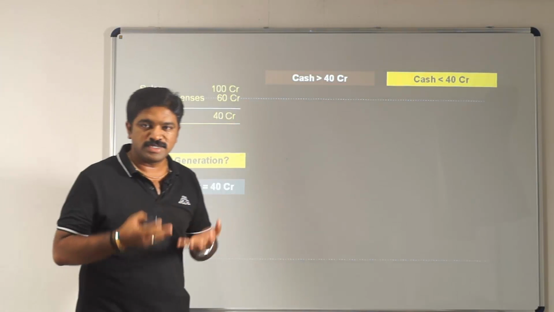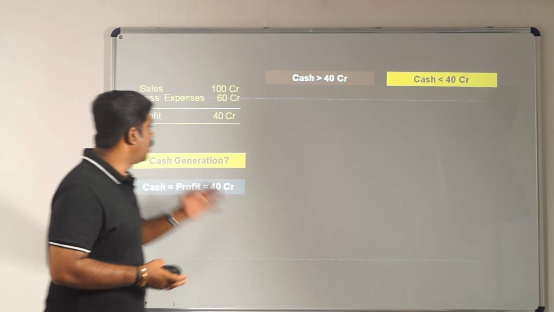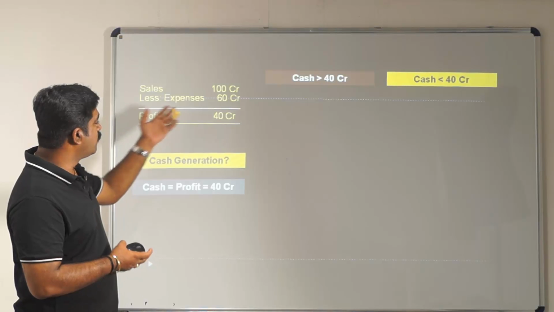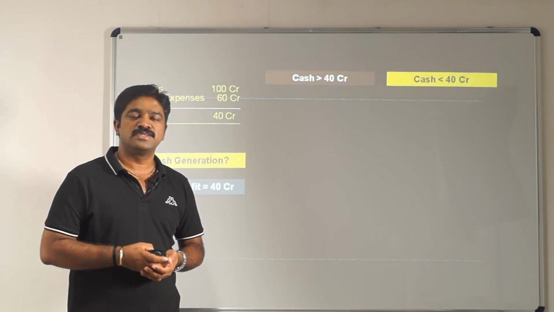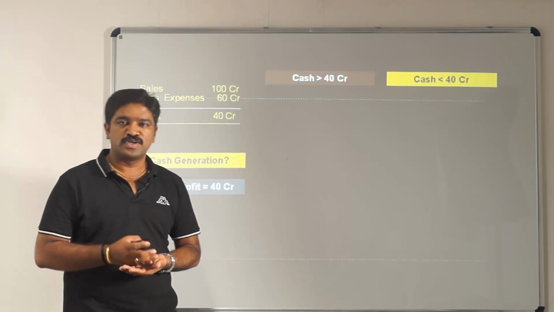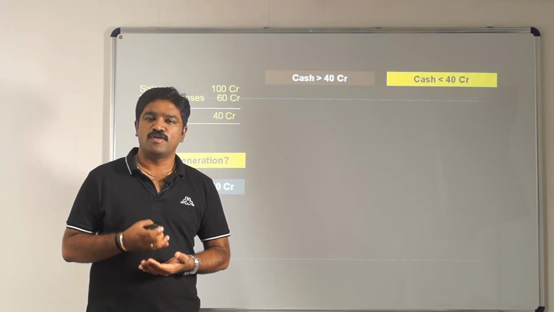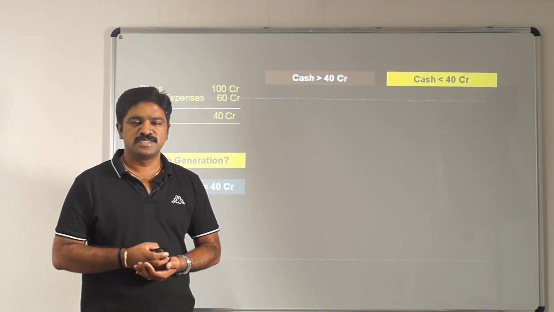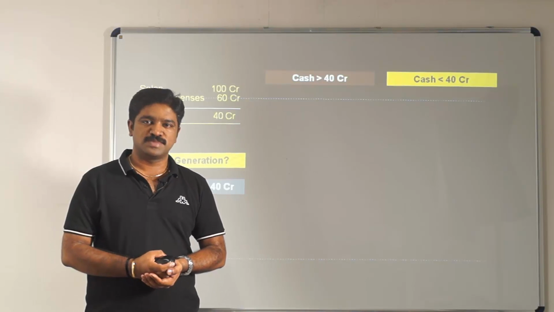And why could you not say clearly what the cash generated is by looking at this income statement, which communicates the profit generated? The answer is that our financial statements, the income statement and the balance sheet, follow accounting conventions and policies, and provide for various non-cash items as well.